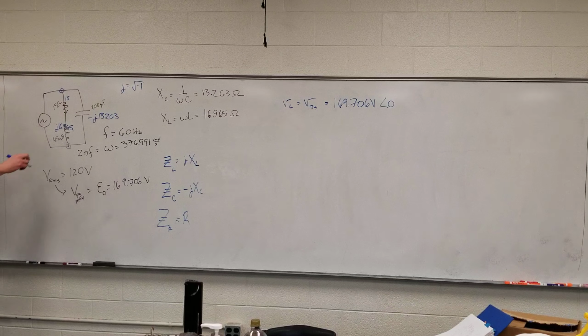Negative J 13.263, well, negative J is that way. There is no real part to it, it's all imaginary. So it's down 13.263. So this is 13.263 at an angle of negative pi over 2.